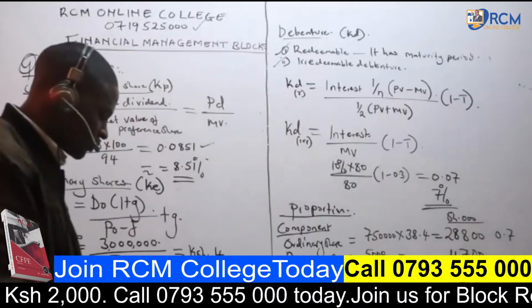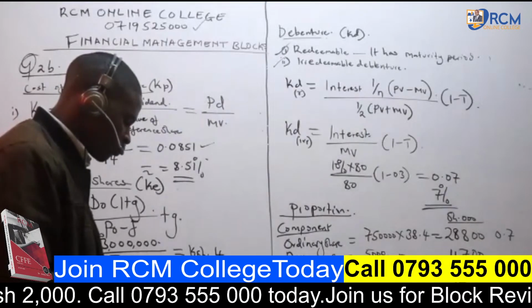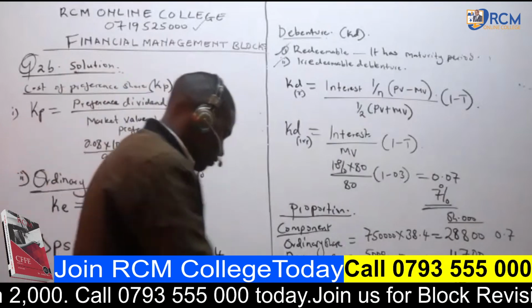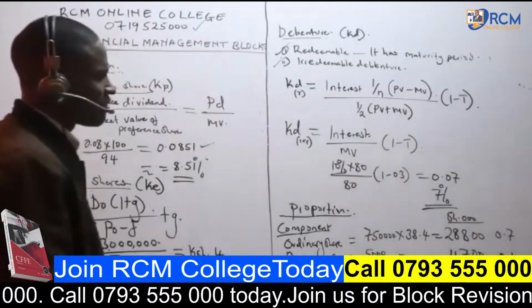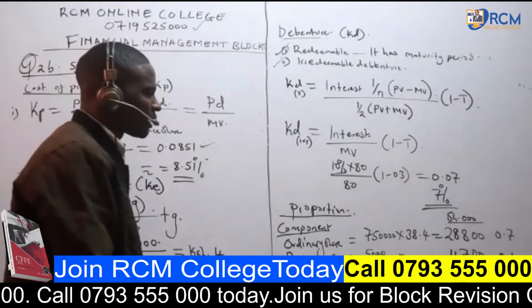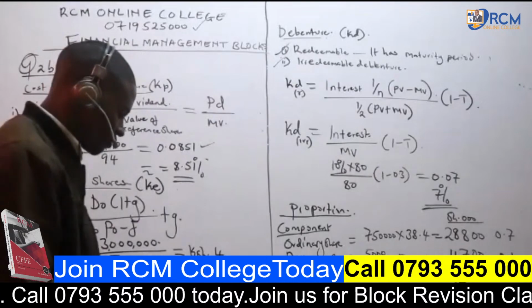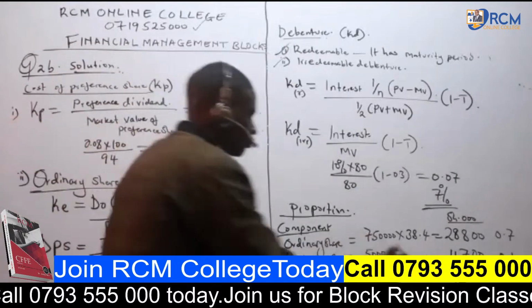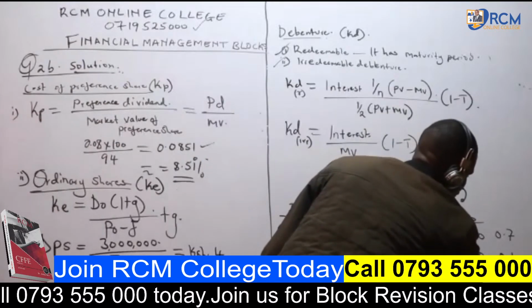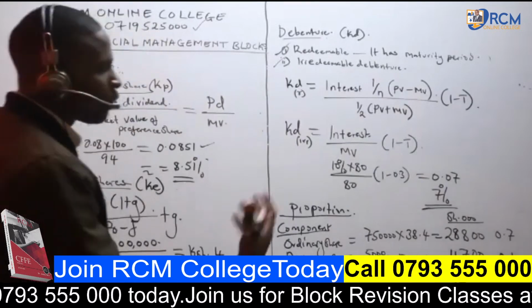Then the other one is 4,700 divided by 41,000. I'm getting 0.1. And remember this must add up to 1. Therefore, the other one is 0.2. So once you get the proportion here, now you are done.